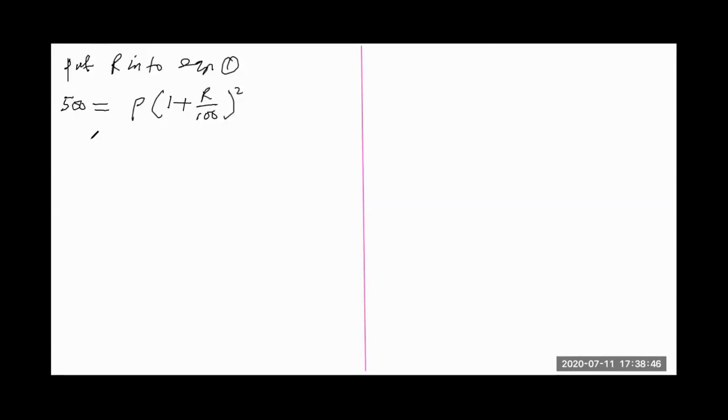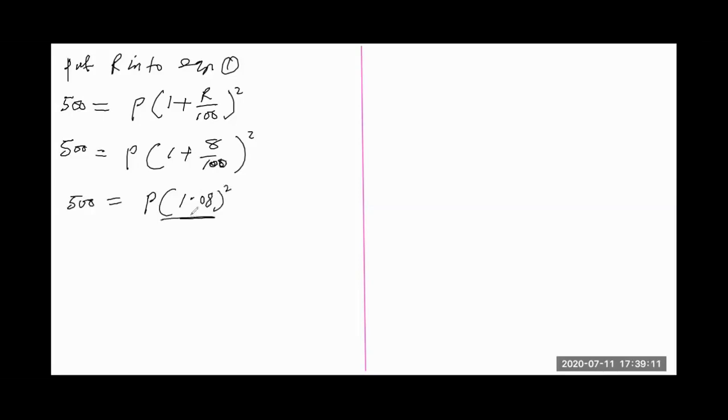When we substitute, we have 500 is equal to p into 1 plus 8 over 100 all square. So 8 divided by 100 is 0.08, plus 1, you have 1.08, all square.